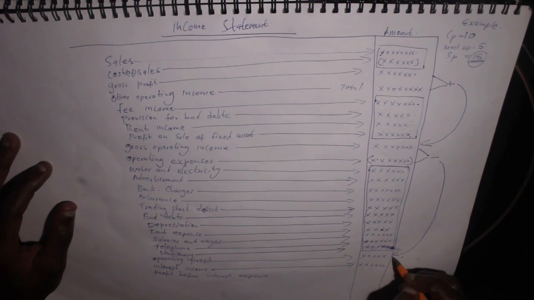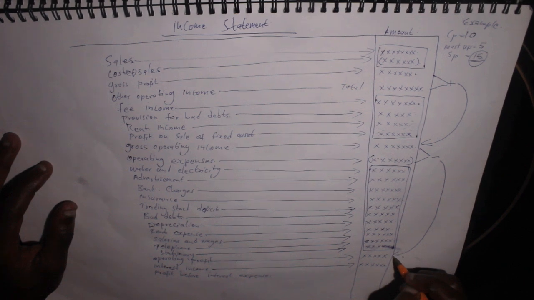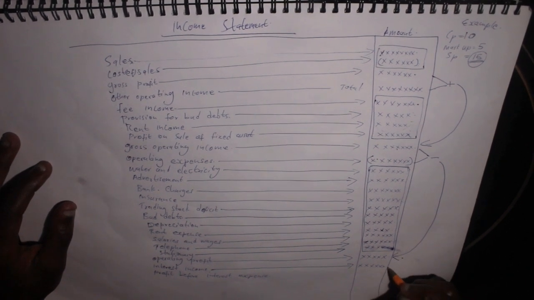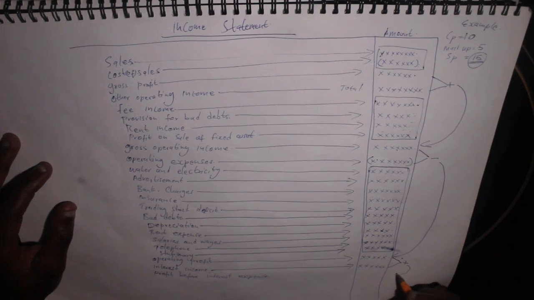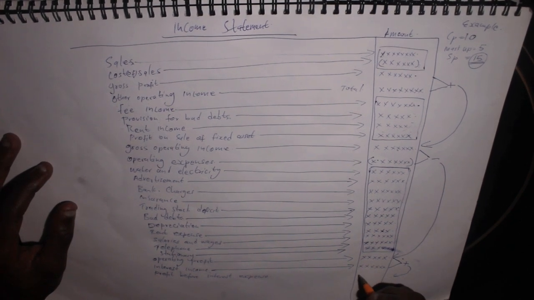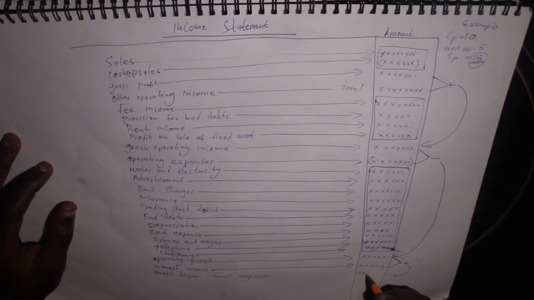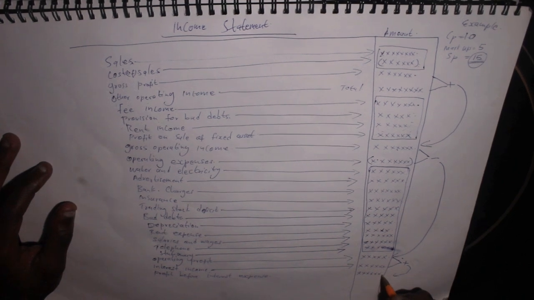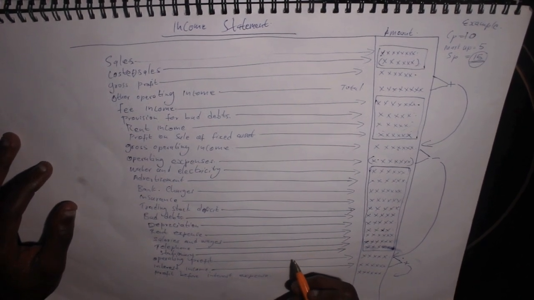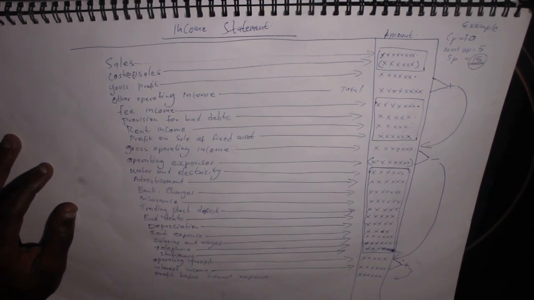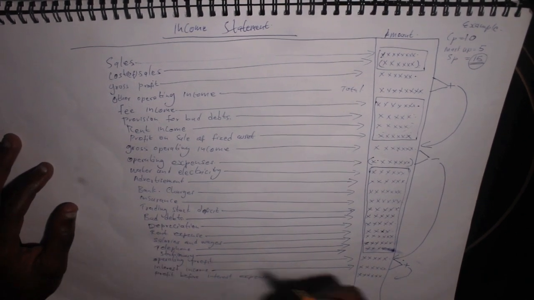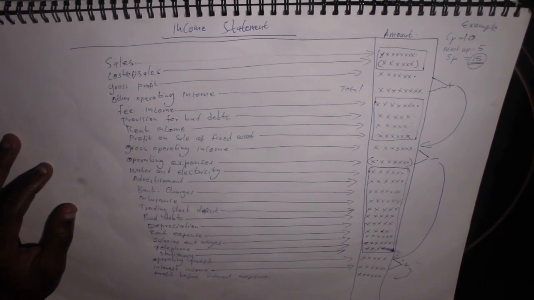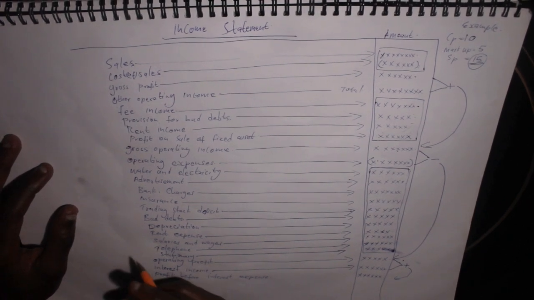What we do, we add our operating profit plus our interest income together. Then this will give us the profit before interest expense. Right? Then from there, it can be a profit or a loss before interest expense has been taken into account. At this point, let's just say we have a profit before interest expense.